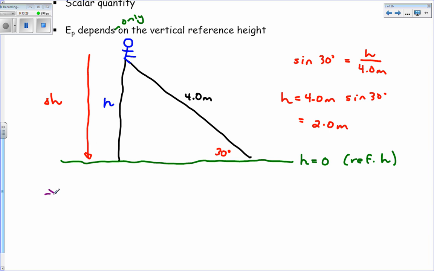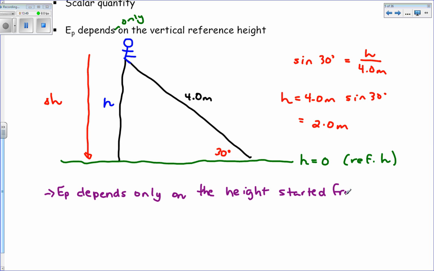So EP depends only on the height he started from, not on the 4 meter distance down the slide.